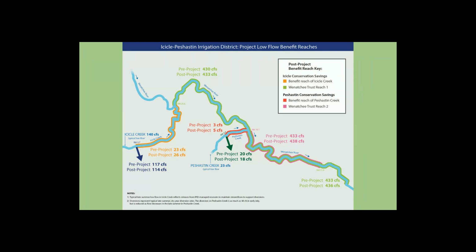They've committed long-term, over the life of the Icicle strategy, to a 10 CFS improvement in Icicle Creek. Okay, thank you. And basically what you're looking at now is we were trying to get 3 out of the 10 in Icicle Creek with this application. Got it. Thanks.